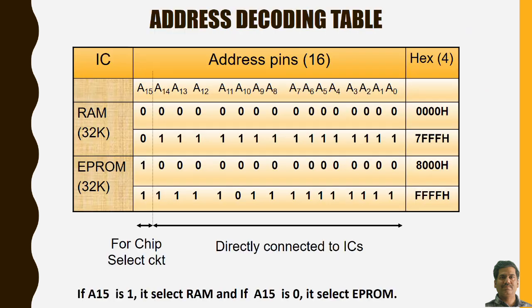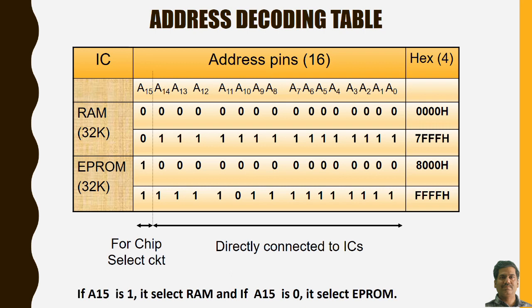Next is the address decoding table. The number of lines that are directly connected to ICs are 15, that is A0 to A14. Let us consider that the starting address of the RAM is 0000 and the final address will be 7FFF depending on 32 KB of size, and thereafter the EEPROM is connected.